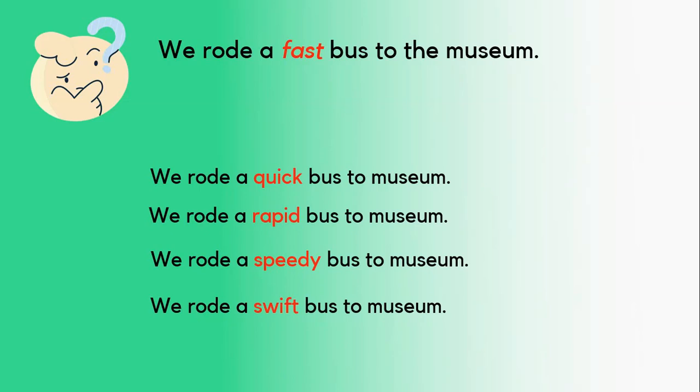And the last, we rode a swift bus to the museum. So from these sentences, we can choose which sentence is better at showing the speed of the bus. But maybe some other sentence is not suitable or does not really show that speed.